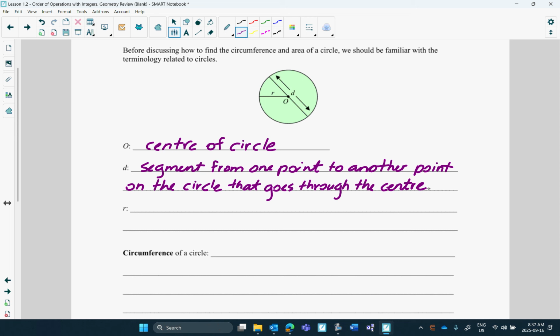R stands for radius. And it's a segment from the center to a point on the circle.